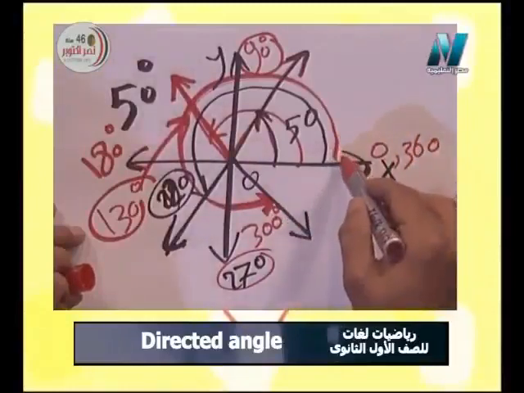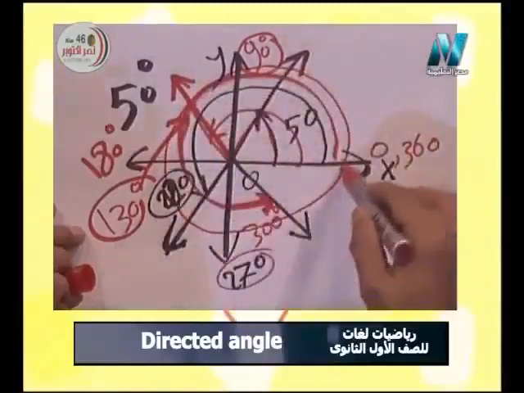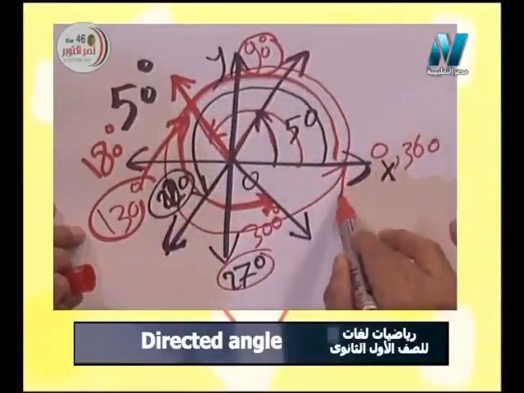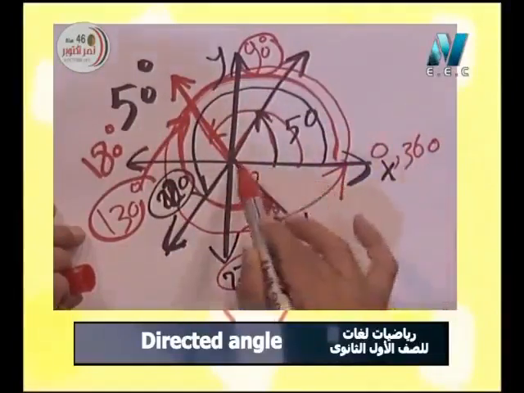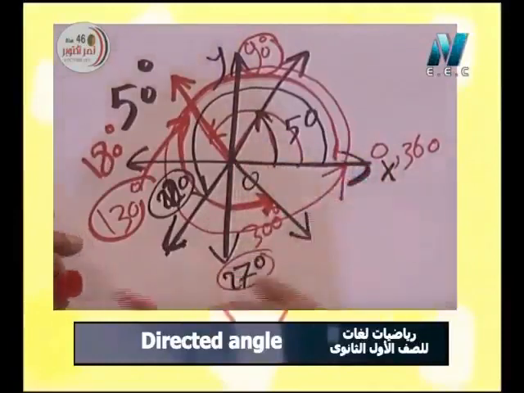If we have the angle 330 degrees, it will be a quadrantal angle.